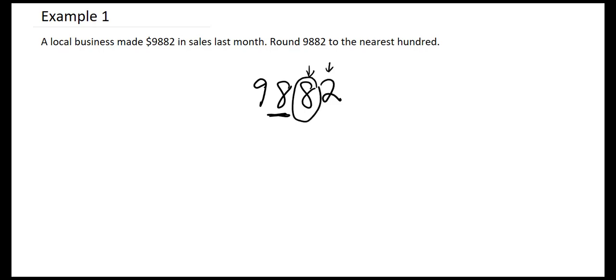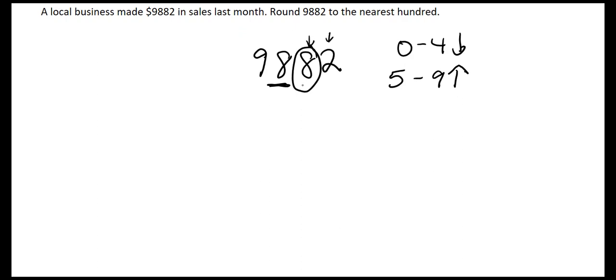And we're going to look to the right of the 100, so that's the 10 spot, to see if that's 0 to 4, we round down. 5 to 9, we round up. And so we see that this is 8, so this is between 5 to 9, so we're going to round up.